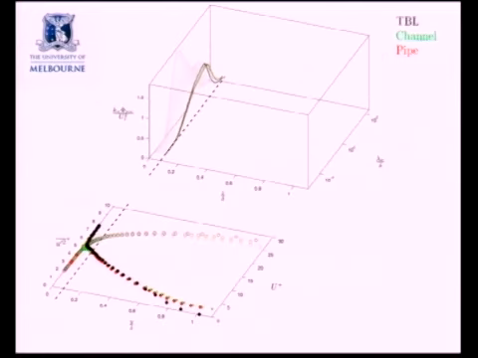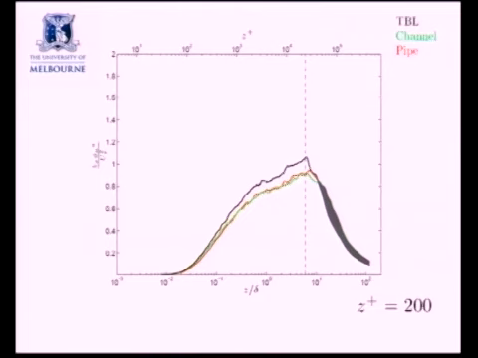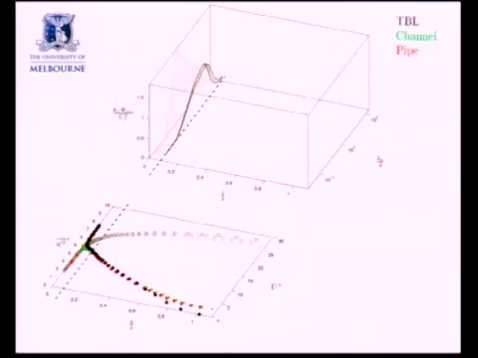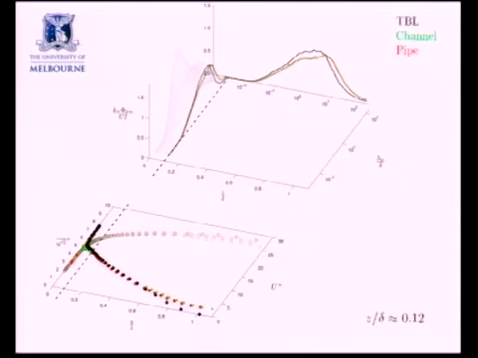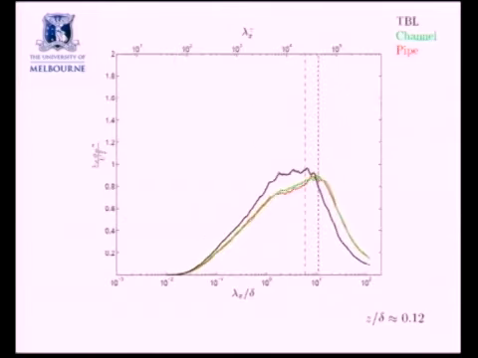At least the energy is in the same scales. But there is a difference, of course. We have less energy for the pipe and channel at smaller scales and more for the higher scales. I'll repeat that the turbulence intensity, or if you like, the energy under all these curves, is more or less the same. The area under all these curves is more or less the same. And I'll label that point throughout the talk.